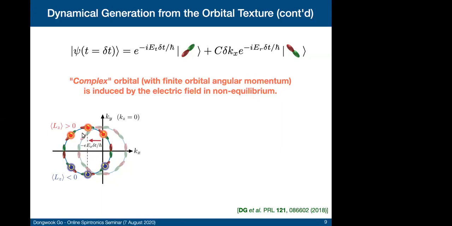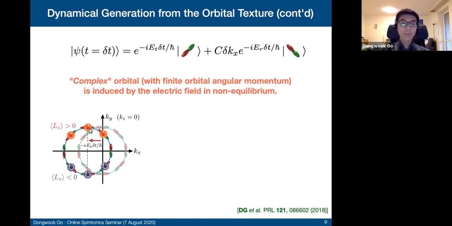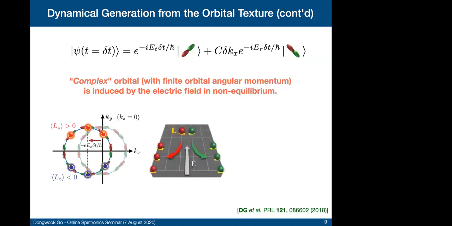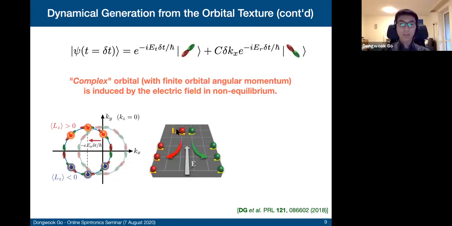So this implies that the states here are moving to the plus y direction, and the states here are moving to the minus y direction. It implies that we have an orbital dependent velocity, that is nothing but the orbital Hall effect. So the orbital up and orbital down states are moving in opposite directions. So this is the orbital Hall effect.